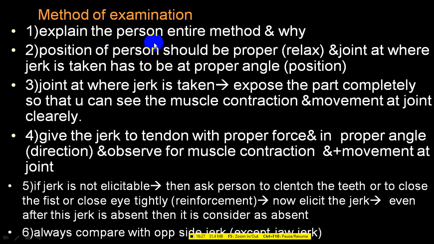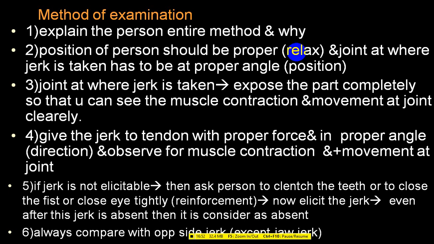So explain the method entirely to the person, then put the proper position of the part which you are going to examine. Suppose you are doing a biceps jerk, you must be able to see the biceps muscle and elbow, so that the upper arm and forearm both should be completely exposed.